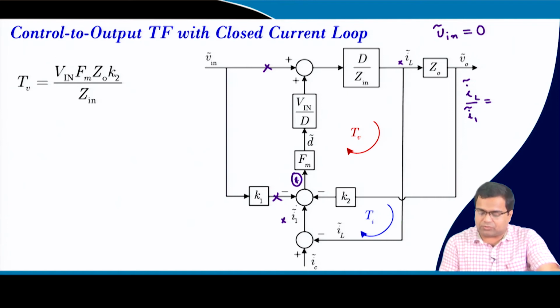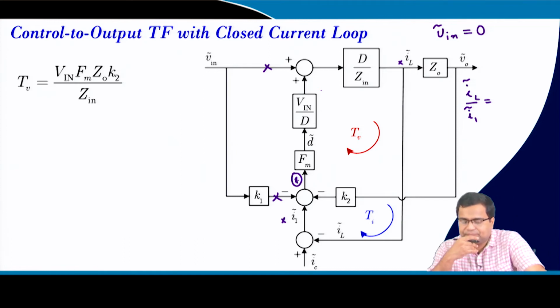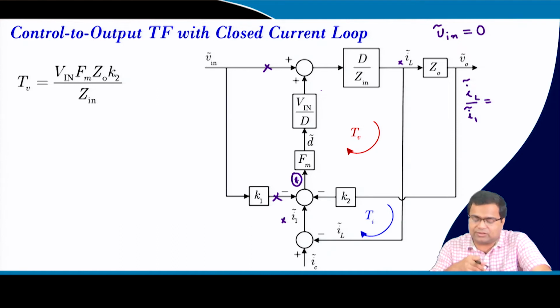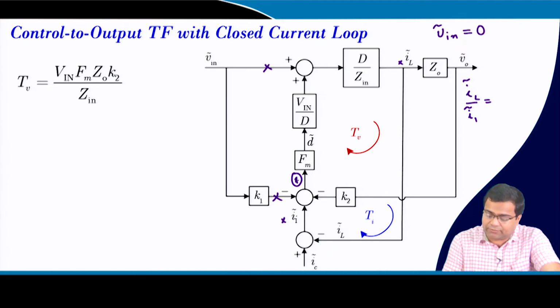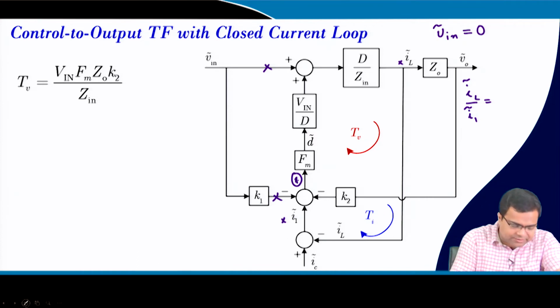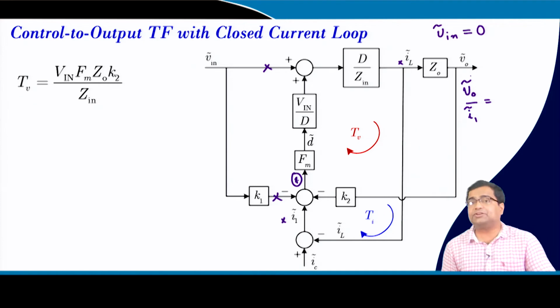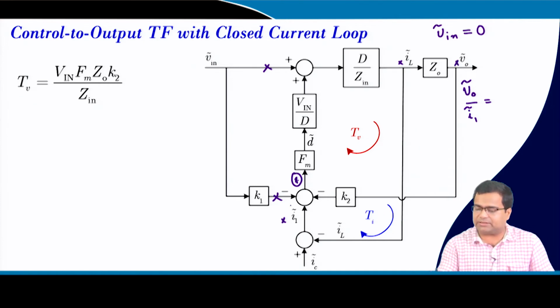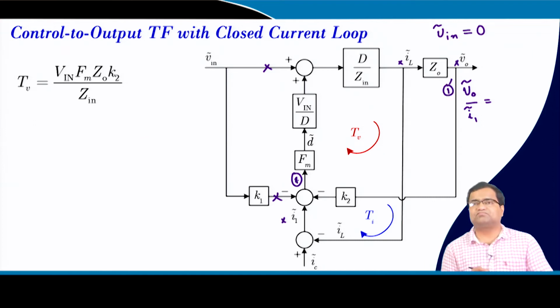We have already obtained the voltage loop gain TV. Now, once we obtain the voltage loop gain, then this is the current loop. So, first let us find V0 to I1, that means 1 to 1 dash.